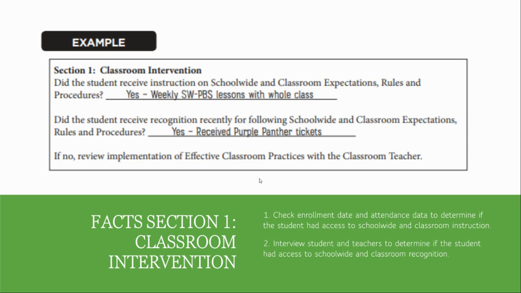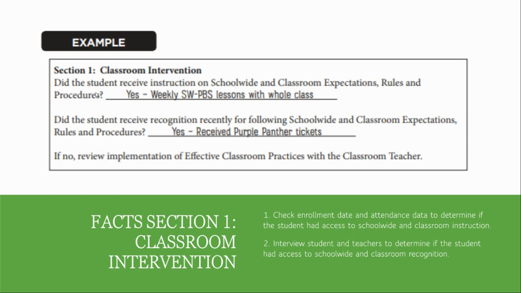So then the team is going to interview the student and the teachers to determine if the student had access to school-wide and classroom recognition. As you see in this portion, it says, did the student receive weekly instruction on school-wide and classroom expectations and rules? If the answer is yes, the next question is, did the student receive recognition recently for following school-wide and classroom expectations?